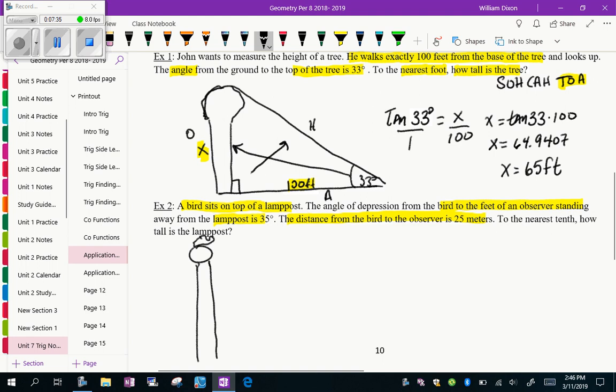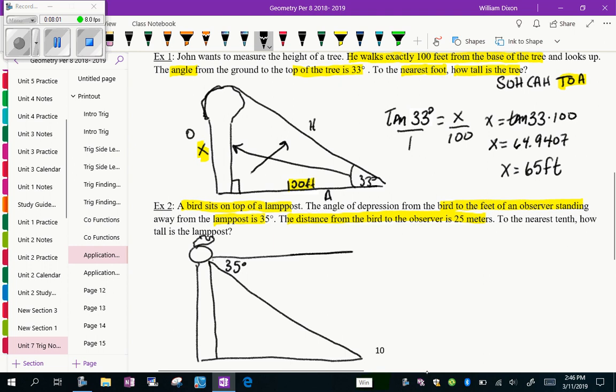All right, the angle of depression, very important, is 35 degrees. So there's that horizontal that we talked about. The sight down is going to be 35 degrees. All right, now the distance from the bird to the observer's on the ground.